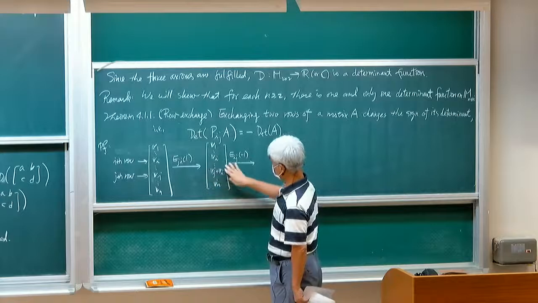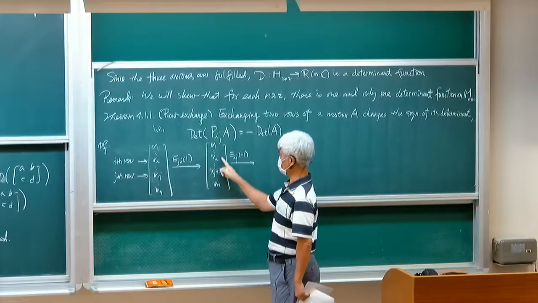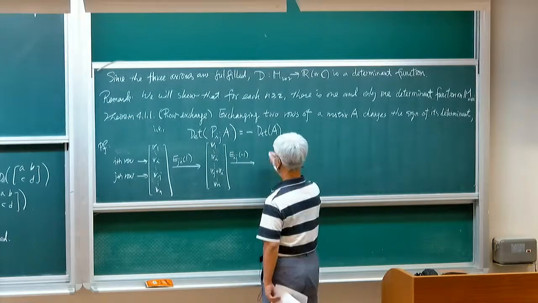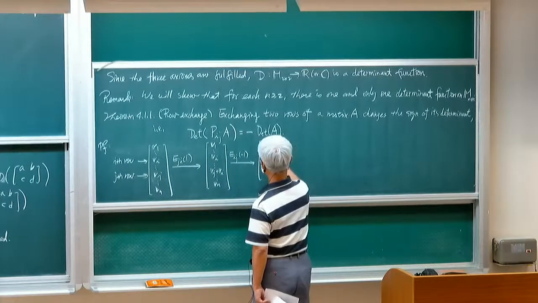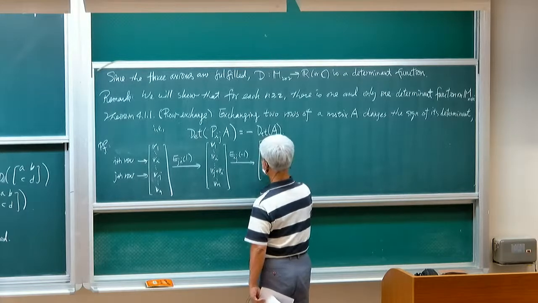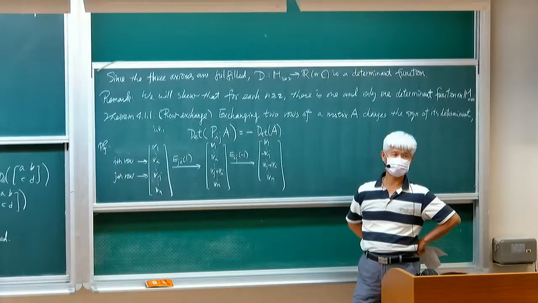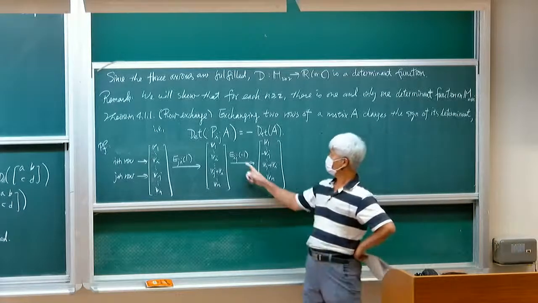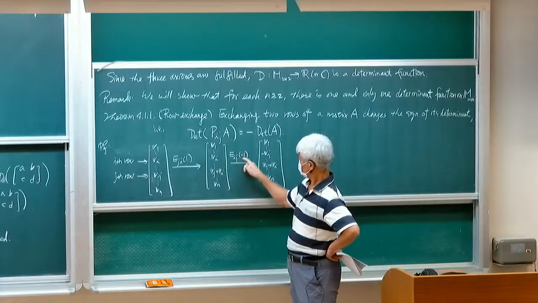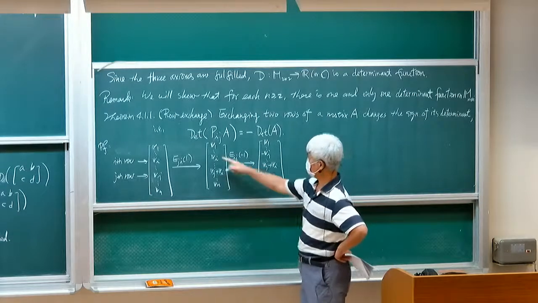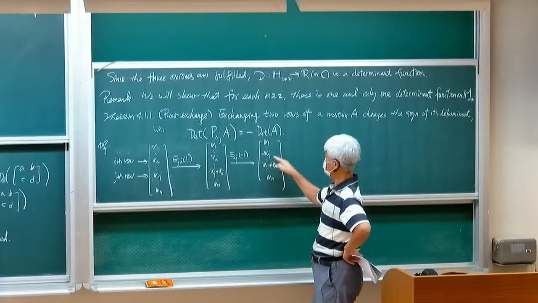So when we add minus the j-th row to the i-th row, we cancel Ri, so this becomes R1 and Rj minus Rj here. Because we multiply the j-th row with minus 1 and add to the i-th row, we cancel Ri, but we have Rj here, minus Rj here.